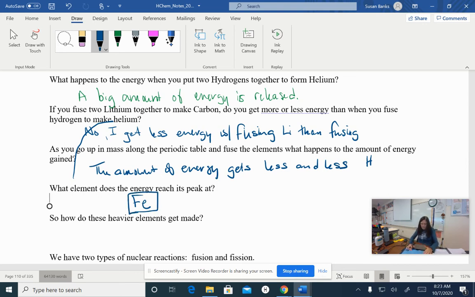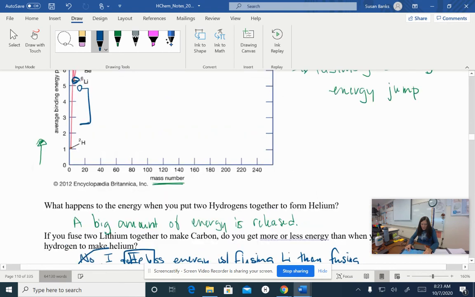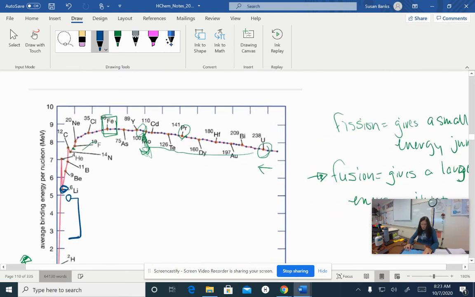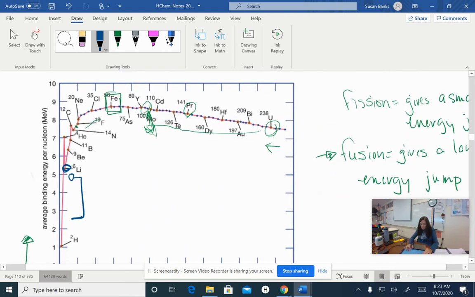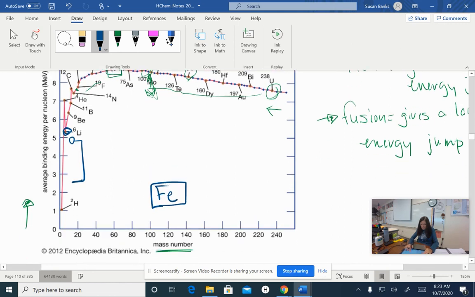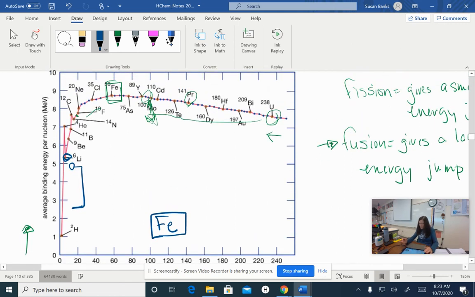So my question is, when we make elements, most elements are made from fusing smaller elements together because in the sun, most of the universe, almost 99.9% of the universe is just hydrogen and helium. So we know that all the other elements that we have in the universe are created in stars.